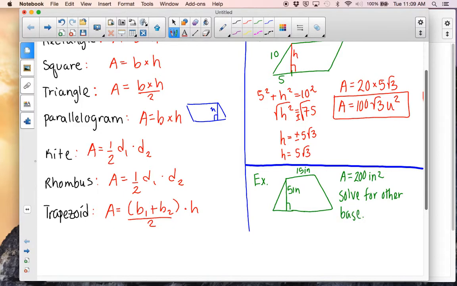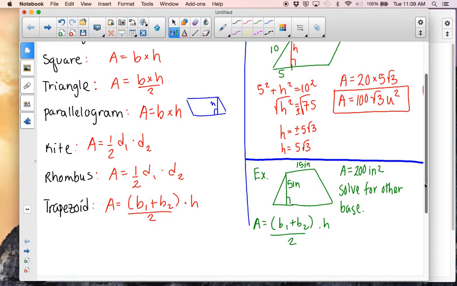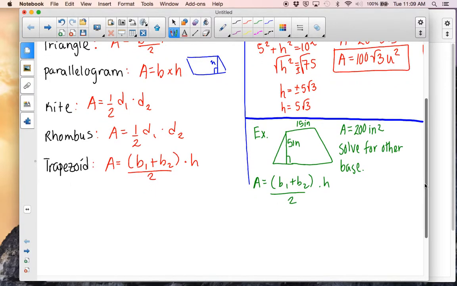So I know the formula for trapezoid is area equals base 1 plus base 2 divided by 2 times the height. So what I'm going to do is fill in what I know and solve for what I don't know. So I know the area is 200 equals, so base 1 I'm going to call the thing that I don't know, B1, plus base 2 I know, all divided by 2, times the height, which I know, which is 5.